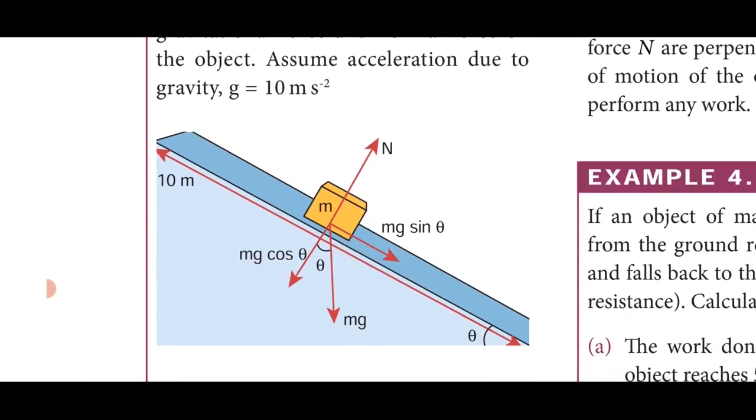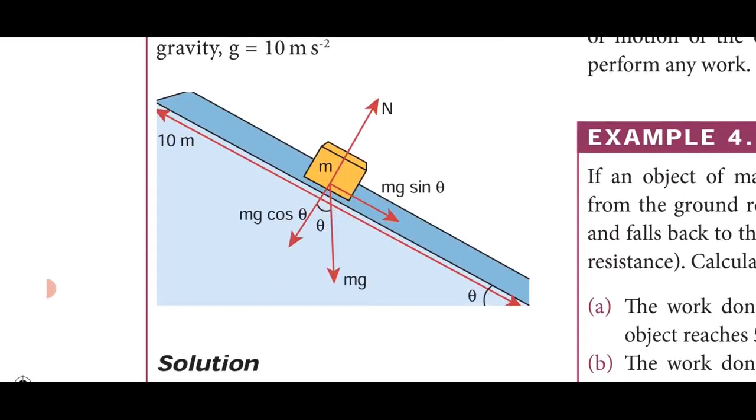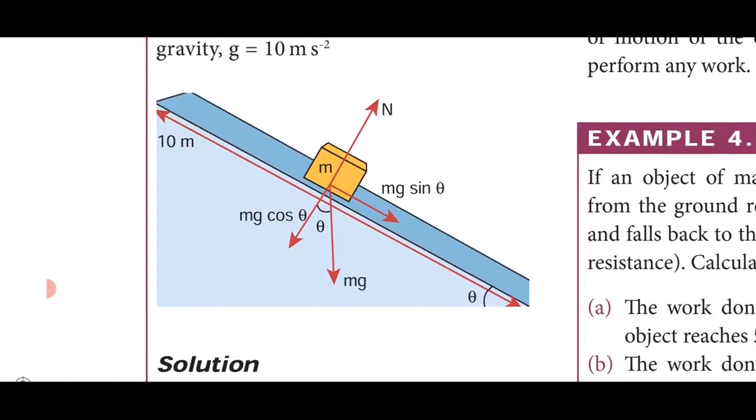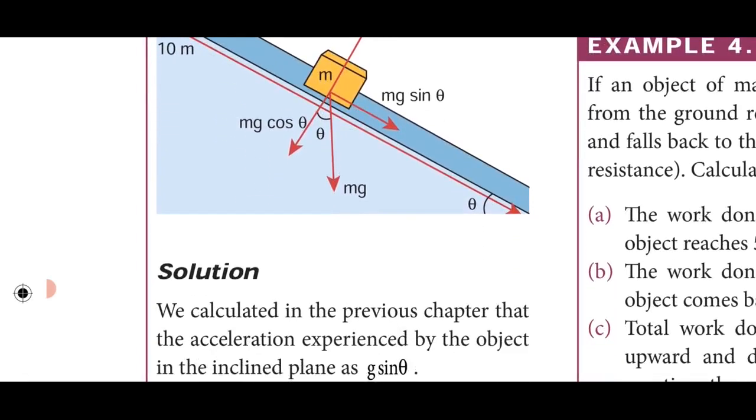In this problem the diagram is given clearly for the inclination angle and the normal force. N is the normal force, mg sin theta and mg cos theta are the components, and mg is the gravitational force acting here. Everything is given clearly in the diagram.